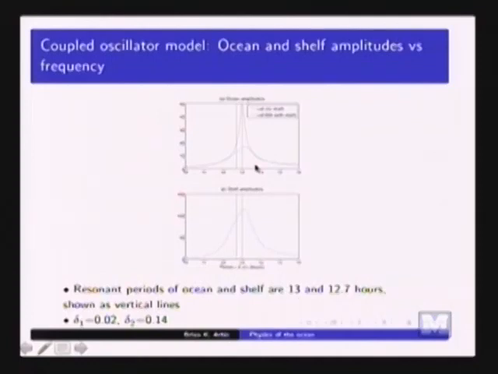But the interesting thing is looking at the open ocean. So what this predicts is that if you have a shelf attached, so that's this blue curve here, the open ocean will have a resonance. If you then detach the shelf, even if it's very small, the response of the ocean increases by a factor of 2.